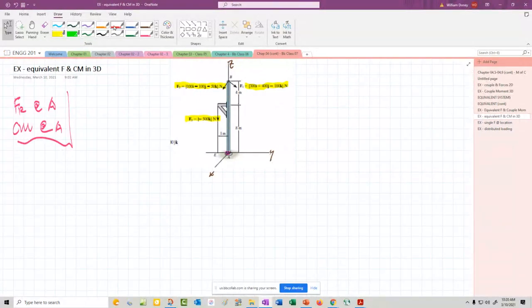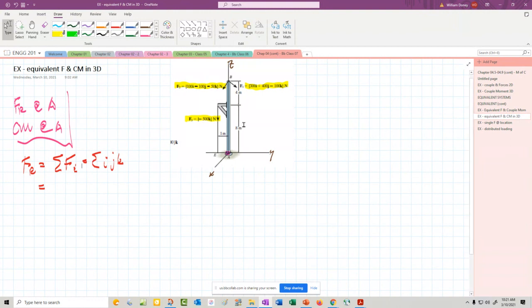If I want to find the resultant force, what do I do? Just like we've done all semester, I add up all the forces. And since they're already in IJK, I just have to sum everything into IJK.